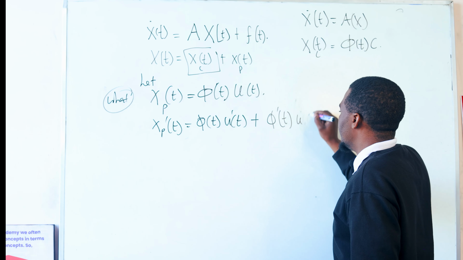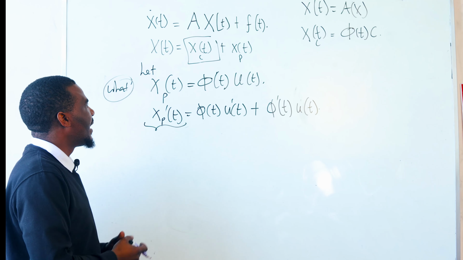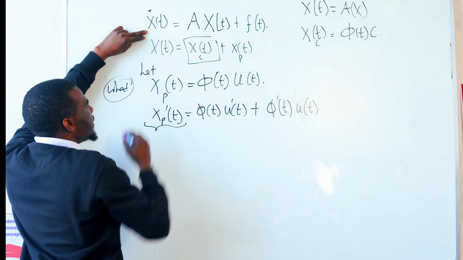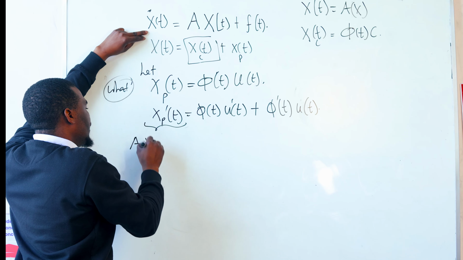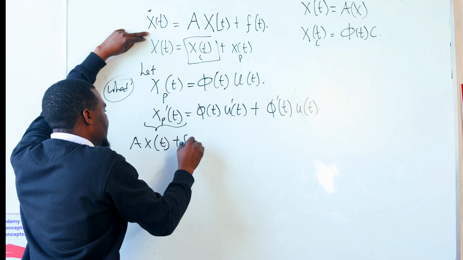But remember, what is x prime of t? We know very well from this equation that x prime of t is equivalent to A of x of t plus f of t. So it's analogous to phi of t times u prime of t plus the derivative of phi of t times u of t.